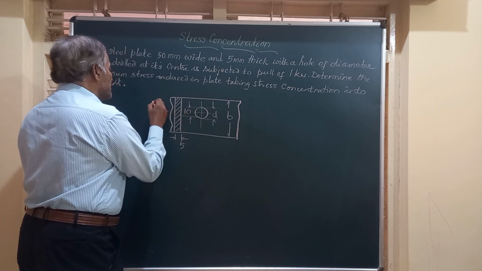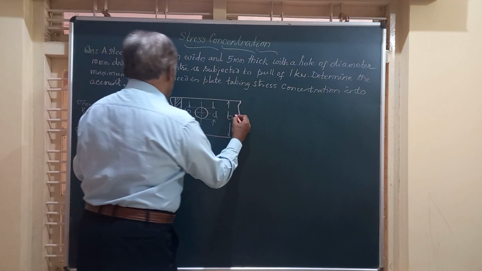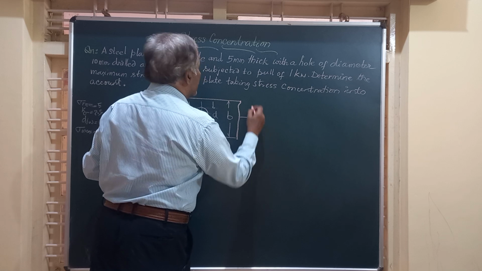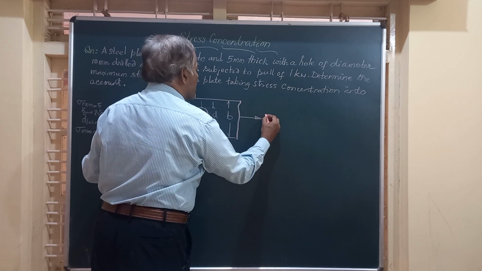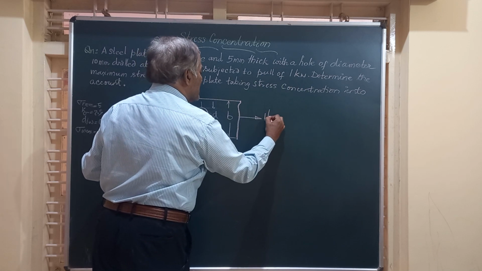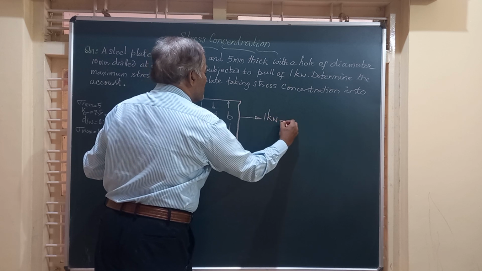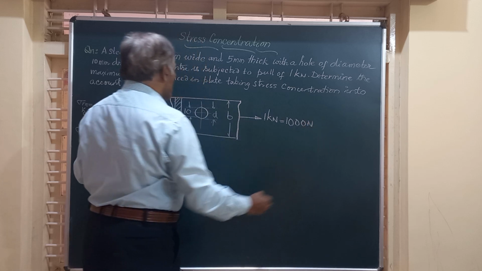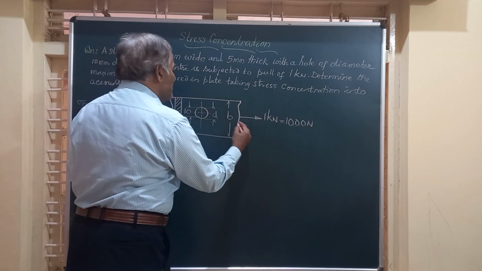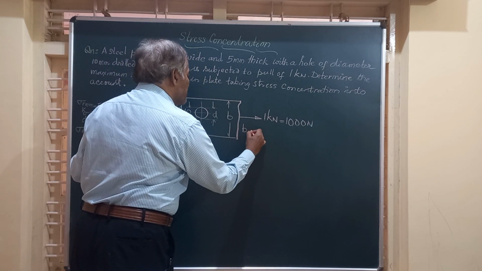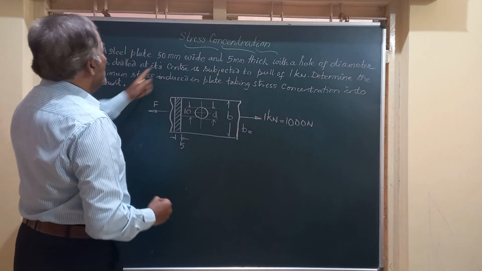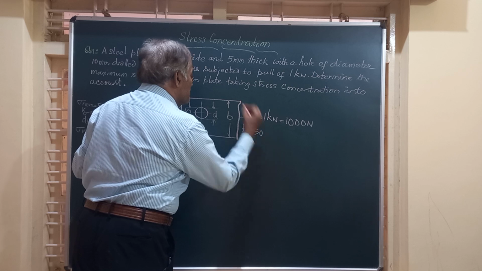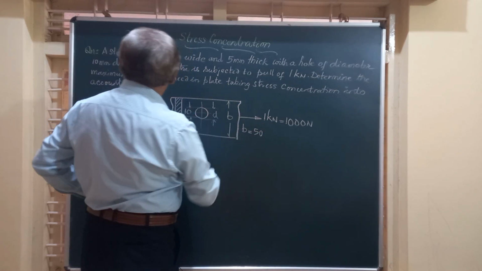So we'll call this as F, an axial pull of magnitude 1 kilonewton, which is equal to 1000 Newton. And the hole diameter is given, and the width of the plate B is given to be 50 millimeter. And this is the data, friends.